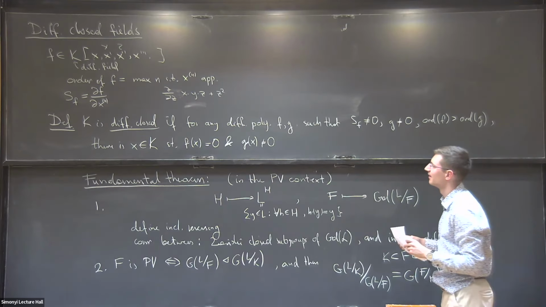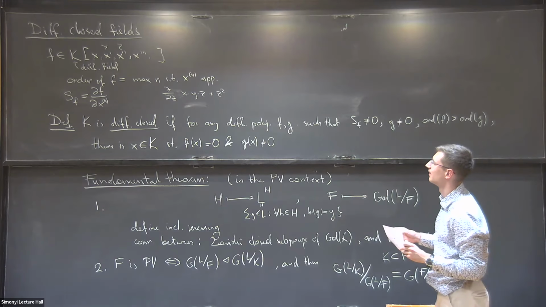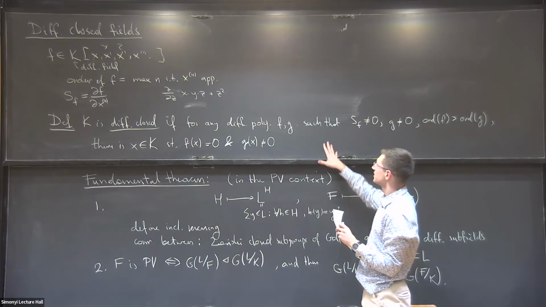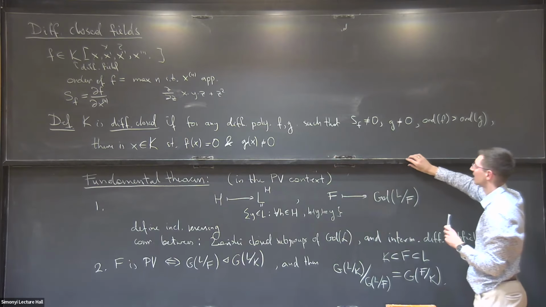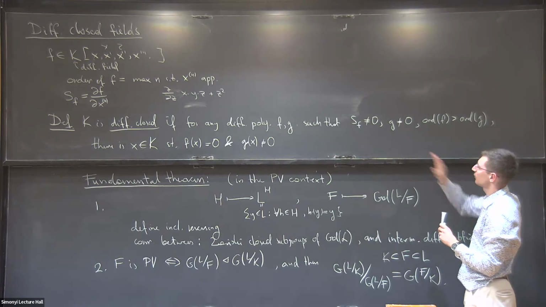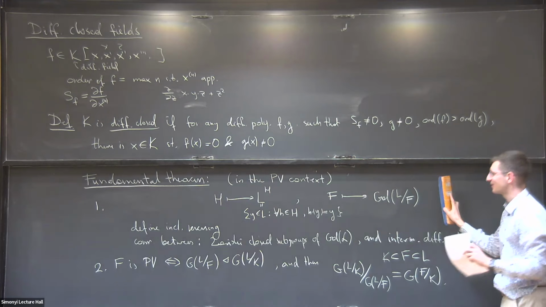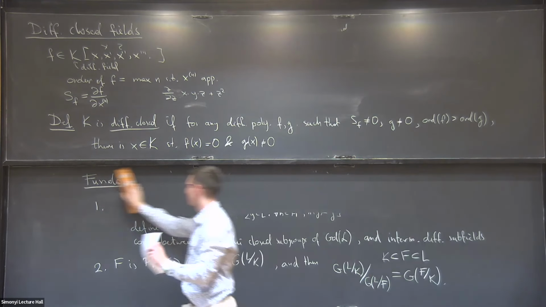Are you still working only with that, or are you also allowing more general characteristics? For this definition, or maybe this is also for characteristic p, but I thought there was some condition. Okay, let me give an equivalent definition, and we'll figure out what it should be equivalent to.